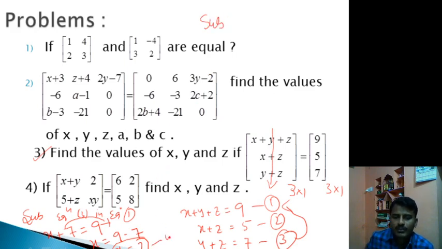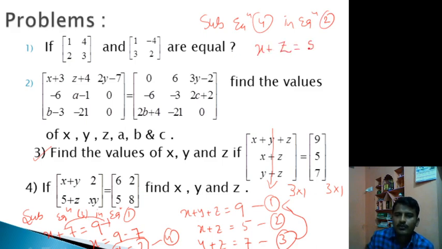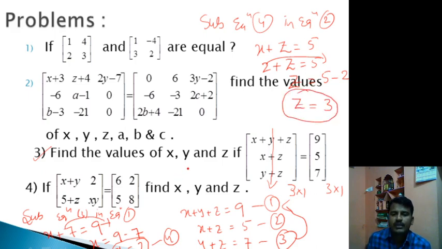just to make it as equation number 4. Substitute equation 4 in equation number 2. We get x plus z equal to 5. X is equal to how much? 2. 2 plus z equal to 5. Z equal to 5 minus 2, shifted to RHS. That should be 3. What is the value of z? Z equal to 3.